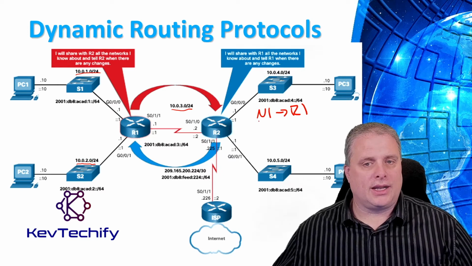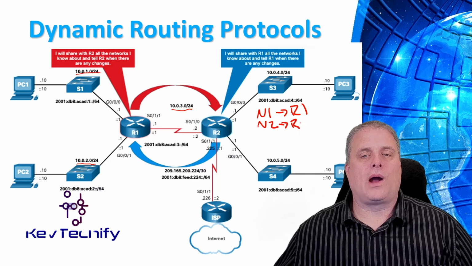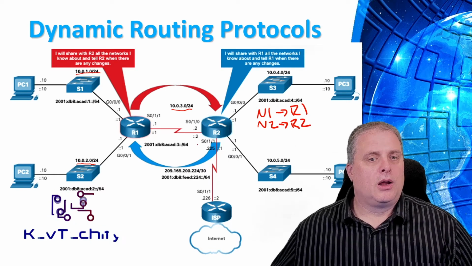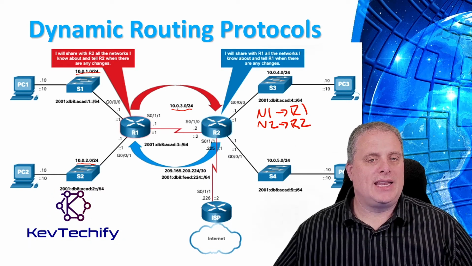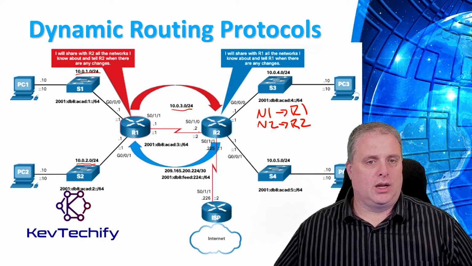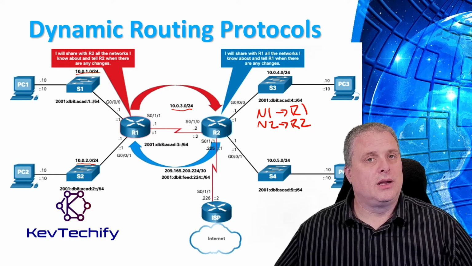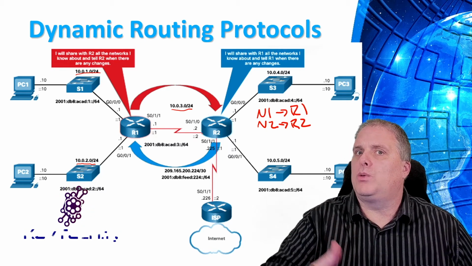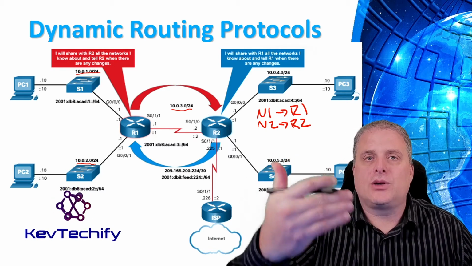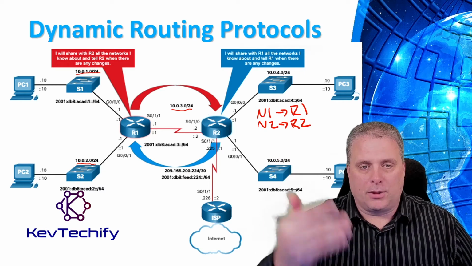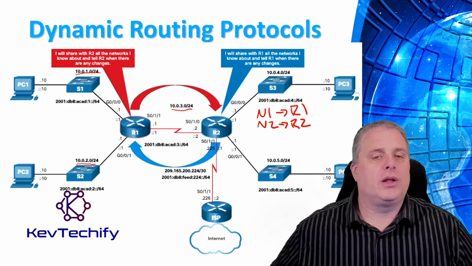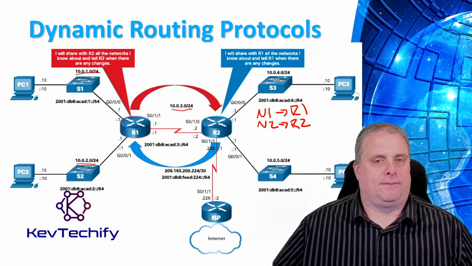It's not directly connected. So to get to network 2, I now have to go through router 1. Router 1 also shared 10.0.3.0 with me, but that's a directly connected network with me. I already know how to get to it because it's directly connected. Once again, it learns directly connected networks as soon as you put that IP address, subnet mask, and activate it. It puts it in the routing table. I know about it, so I don't have to add that in.